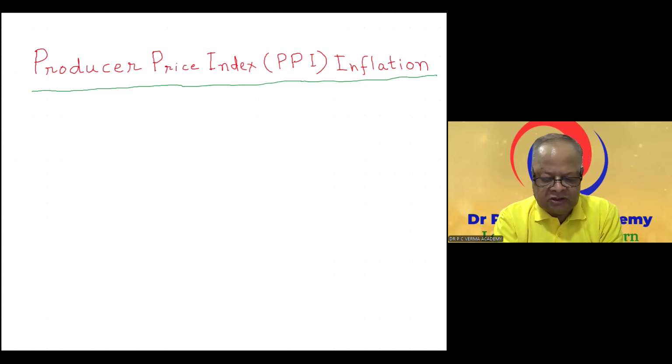Producer Price Index measures the average change over time in the selling prices that domestic producers receive for their output. What does it mean? It means PPI measures the average change in the selling price that domestic producers receive for their output.